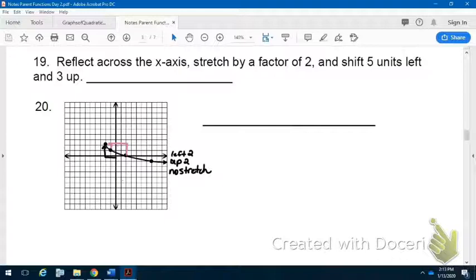Okay, so my equation is going to be y equals, there is a reflection that I didn't write because it opens down, so there is a reflection. So I have a negative in front. Left 2 is going to be x plus 2, and up 2 will be a plus 2 outside the square root symbol.